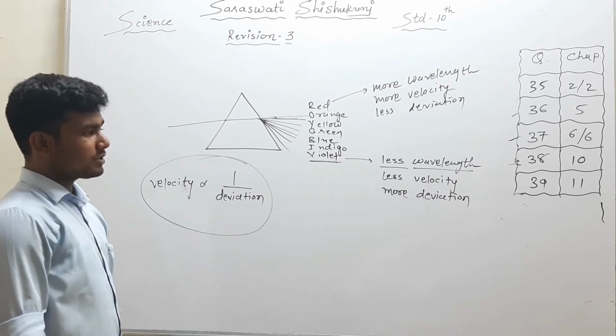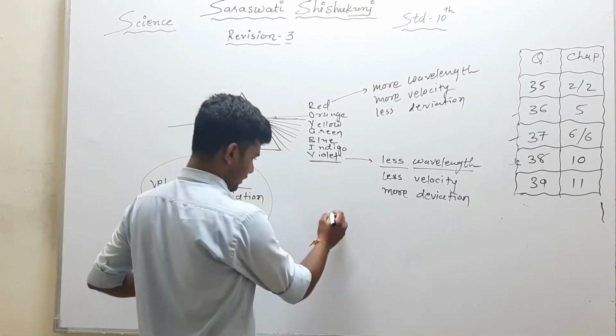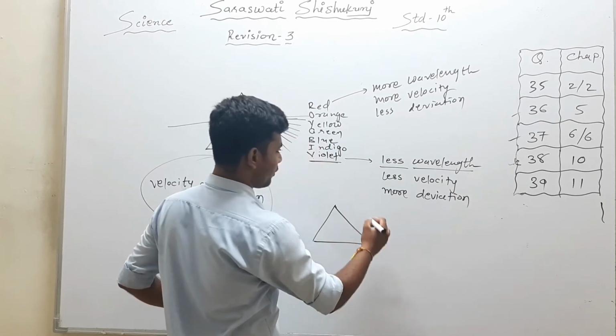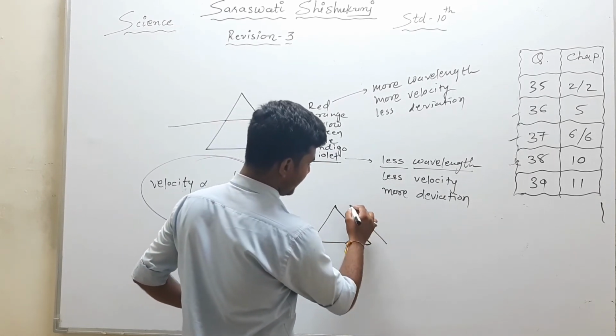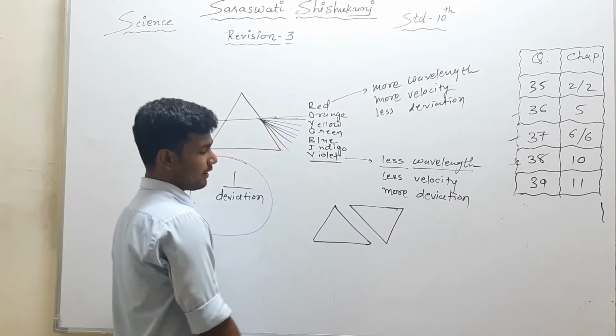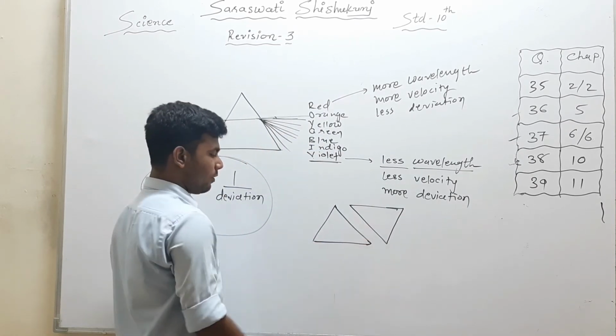With this it can also be asked about recombination of dispersed white light. So how can we do it? We have to take 2 prisms of the same prism angle, arranged as shown in the figure, opposite to each other.